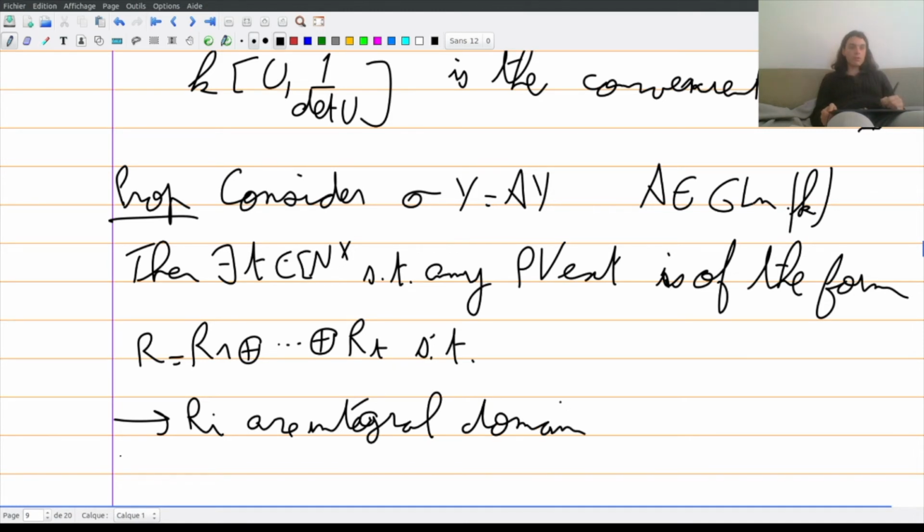So in general, the PV extension is a direct sum of integral domains.